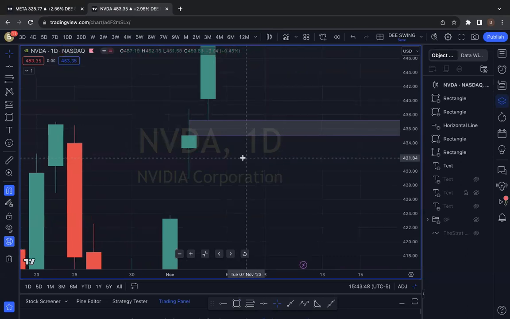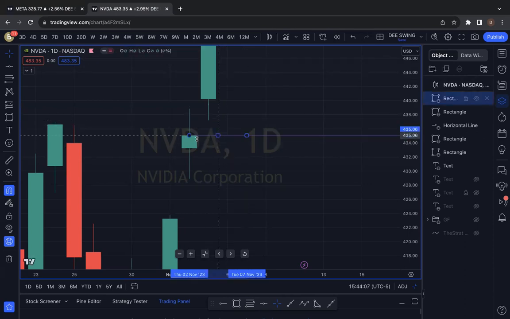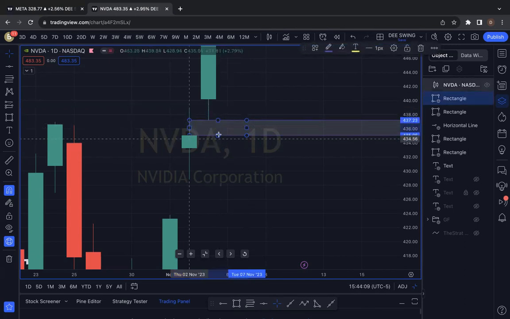Okay. And if you're still not understanding that concept, think of it like this: you started with 1, it gaps up to 10, and then it subtracts 5. You're left with 5. Or let's say you started with 0, it gaps up to 10, you subtract 5, you're left with 5. That is pretty much the concept.